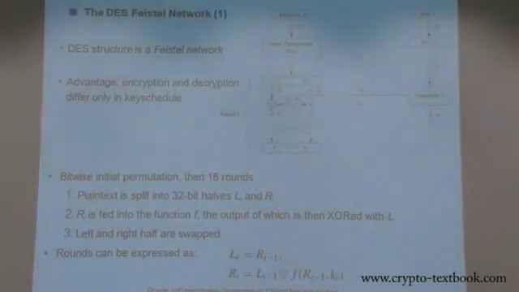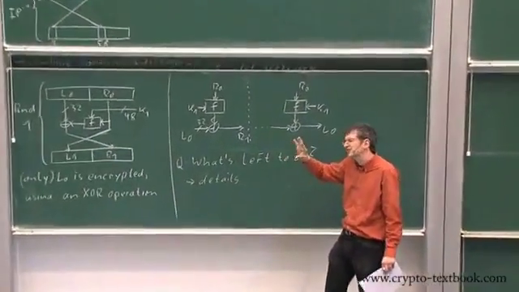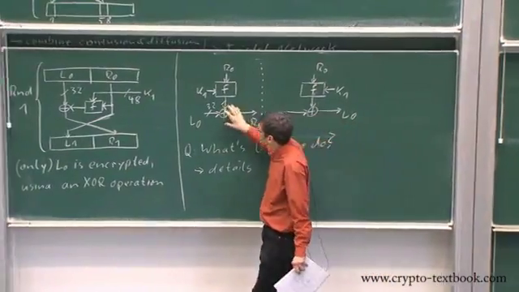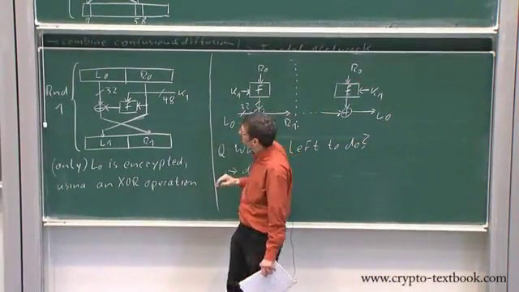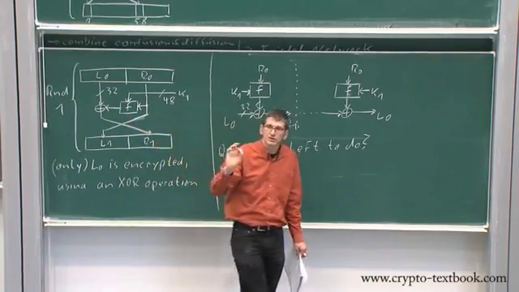We did the high-level description. This was the Feistel network we already did, somewhat analogous to stream ciphers, where we add a random mask. So what we would like to know is, how does the F function look in detail?